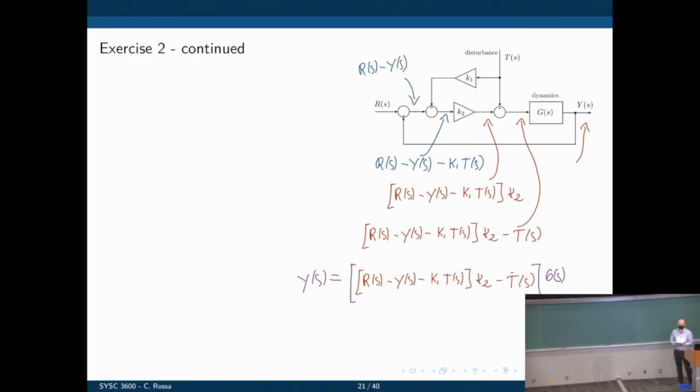The signal just after G of S is Y of S. Are we good with this? Any questions here? Are we good with this derivation? Yeah? Does that make sense?